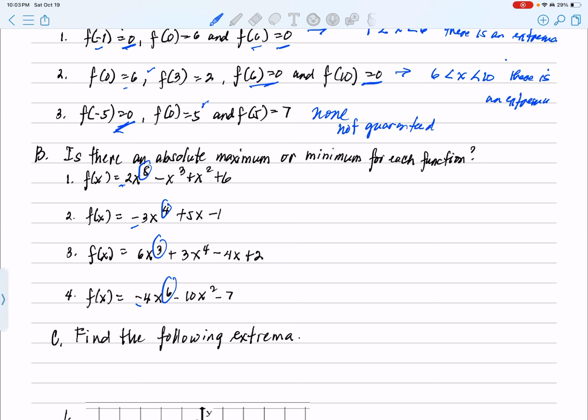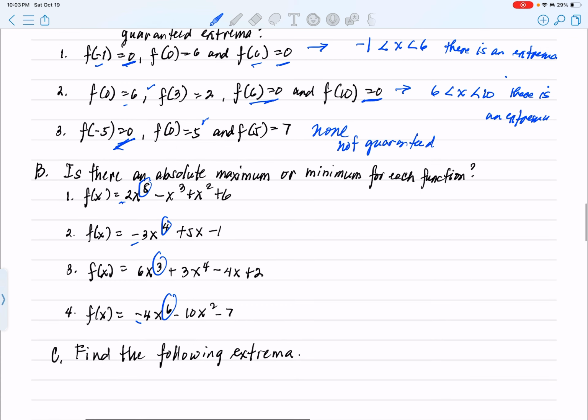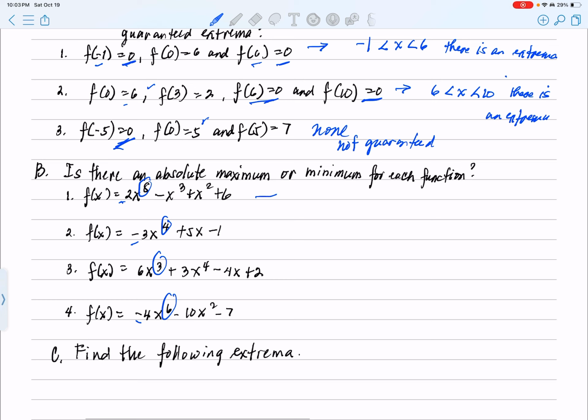Remember the even degree with a positive leading coefficient and negative leading coefficient. So when the degree is 8, that means it's even, okay, and it's a positive leading coefficient, then we have a minimum, right?